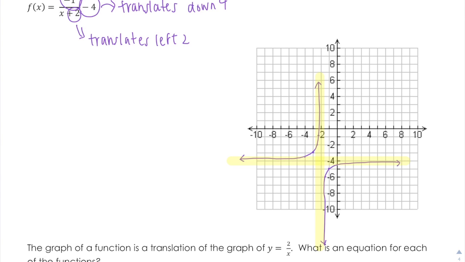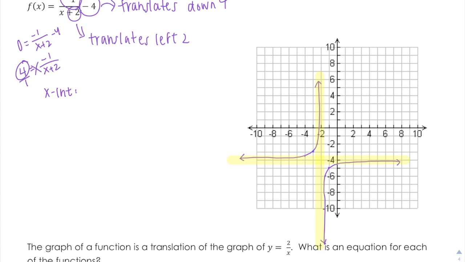So remember, to find the x-intercept, plug in 0 for y and work backwards. So if I have 0 equals -1 over x plus 2 minus 4, add the 4, so I get 4 equals -1 over x plus 2. Turn into a proportion and cross multiply, so I get 4x, I'm multiplying that whole thing by that. So I get 4x plus 8 equals -1.